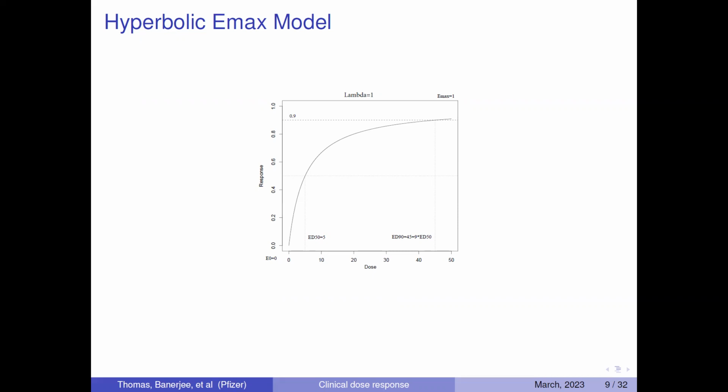What I want to point out here is with lambda equal to 1, if you take the ED50 and multiply it by 9, that's 45 in our example, that's the ED90, where you get 90% effect. That's always going to be the case. That's what that power parameter is doing. All right, that's the basic model. And in fact, the claim of the pharmacologist, which I think is pretty much correct, is that this is pretty much what dose response looks like for most clinical compounds.